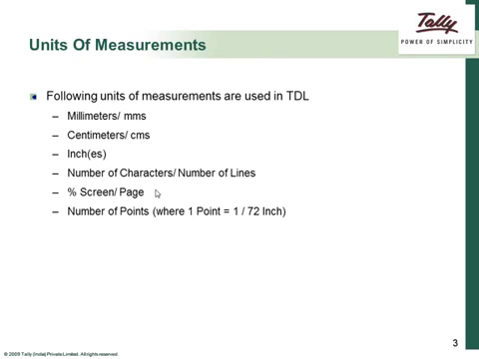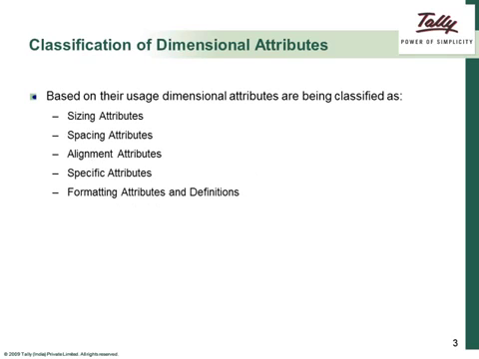So these are the units of measure allowed in TDL. Now, based on what work the attribute does in the dimension, we have categorized them: sizing, spacing, alignment, specific attributes, and formatting attributes.